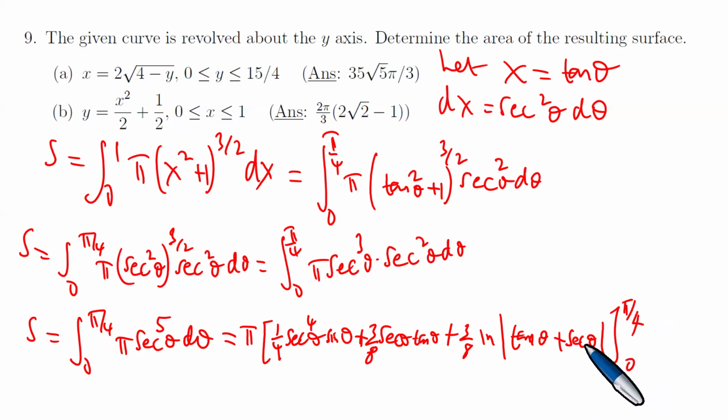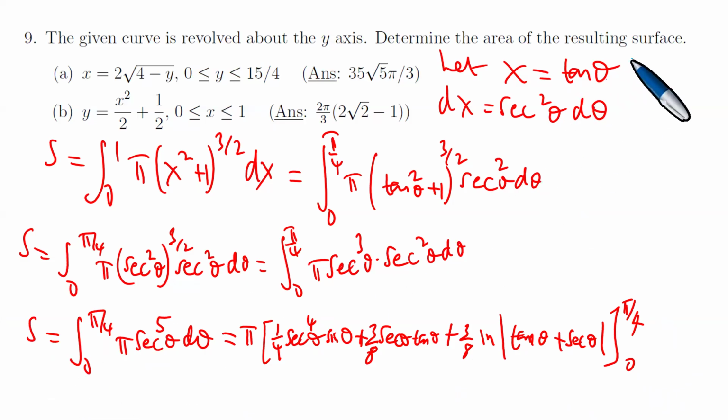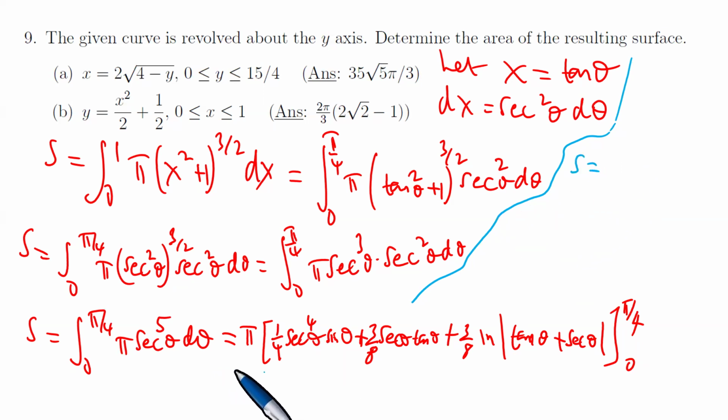So now, if you substitute everything here, let us substitute straight away. This surface area is given by, if you put the pi over 4 here, the secant of pi over 4 is the same as 1 over cosine pi over 4, which is 1 over the square root of 2.